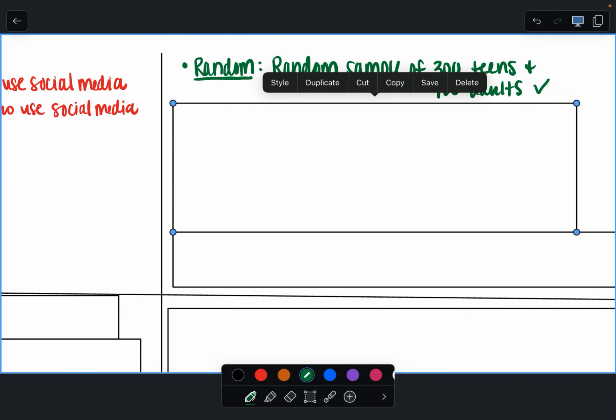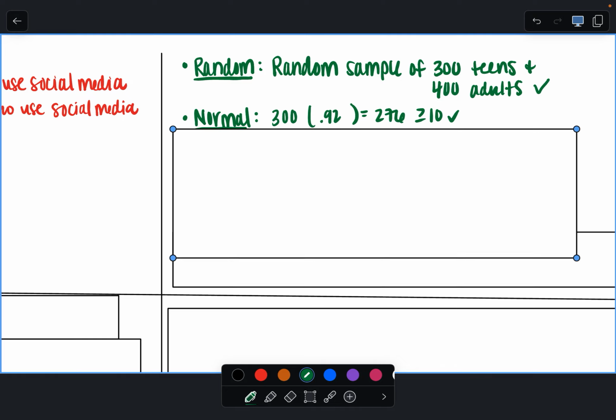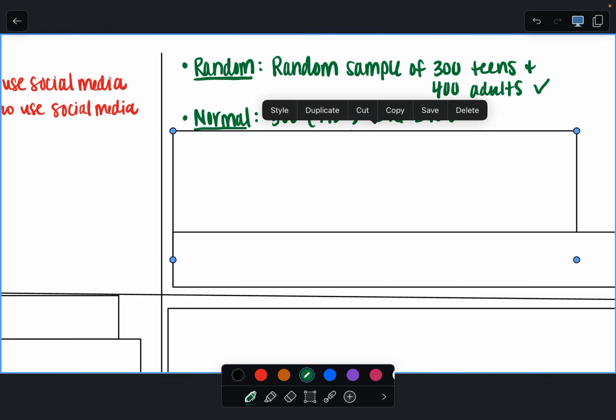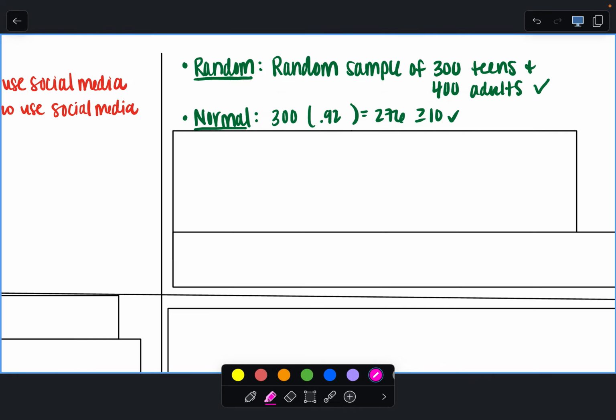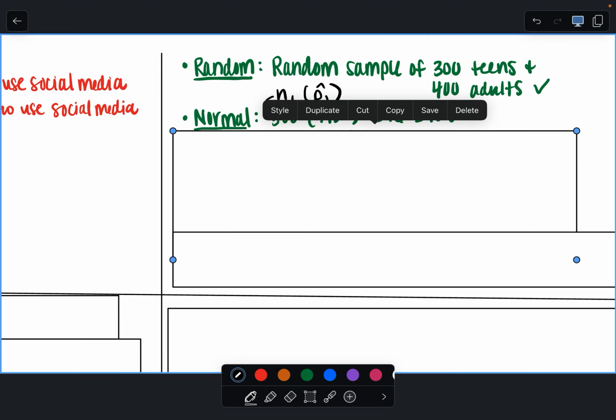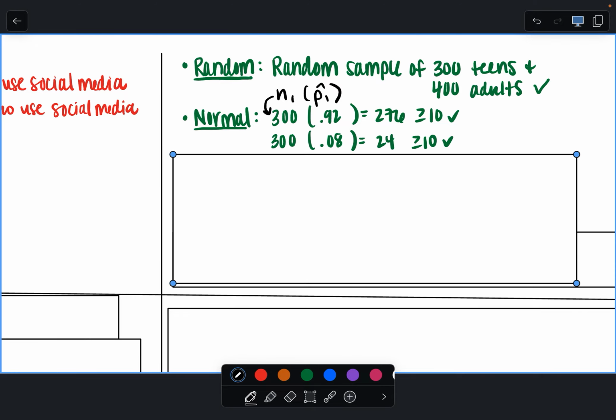Now, for normal, when we're doing 2 populations, the first thing we have to check is the successes for my first group. So this is really finding N1 times P1 hat. Sometimes they give you the number. Sometimes within the question, they will say, oh, we have 100 of the 400 people are a success.